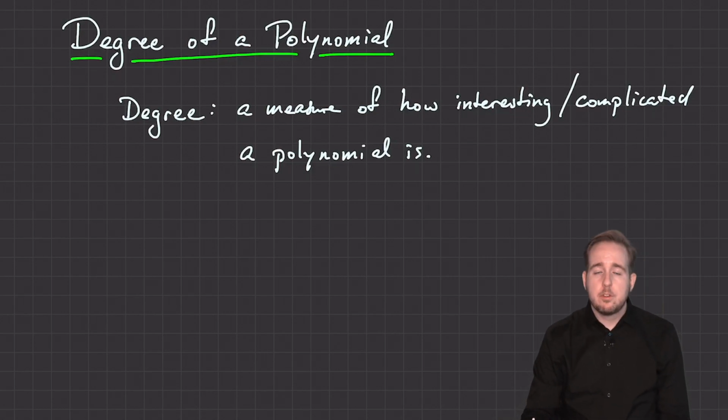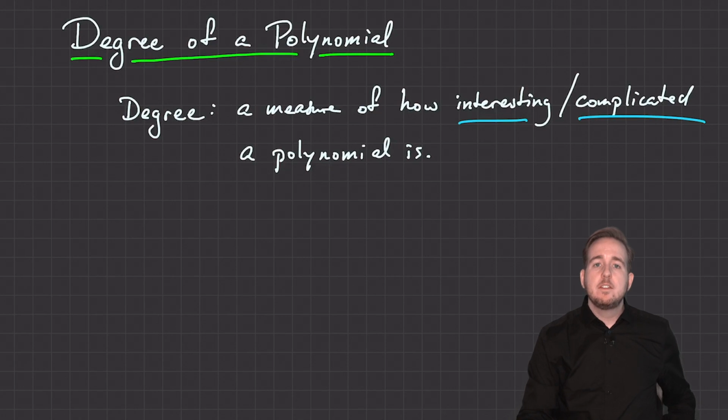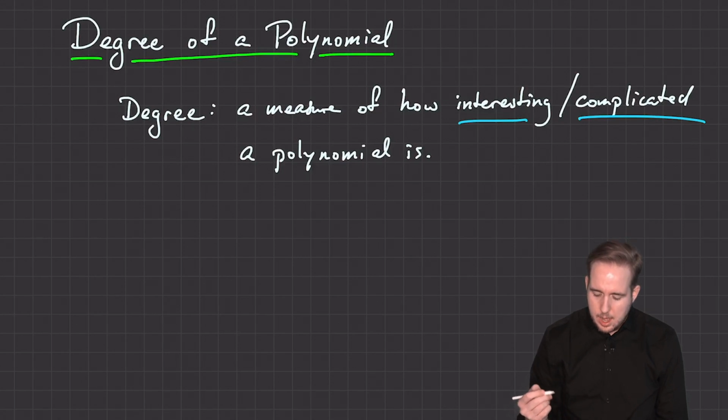And immediately you are thinking, words like interesting and complicated sound awfully vague, and they sound awfully unmathy, and that is the point. So the best way to do this is with some examples.